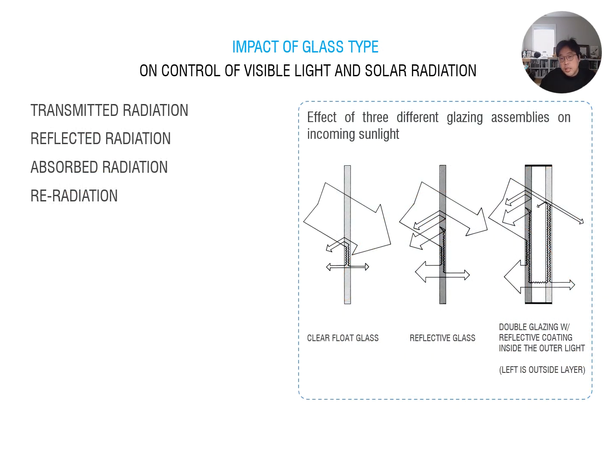Let's look at the glazing assemblies and incoming sunlight. There are three typical types: clear float glass, refractive glass, and a double glazing system. As you see in the diagram, with clear glass most incoming sunlight is transmitted into the interior space.